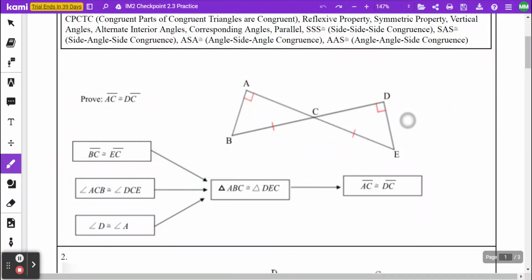Okay, so we're trying to prove that line segment AC is congruent to line segment DC. So that's going to be the ultimate conclusion of our proof. And I know that I'll be using CPCTC to do this.